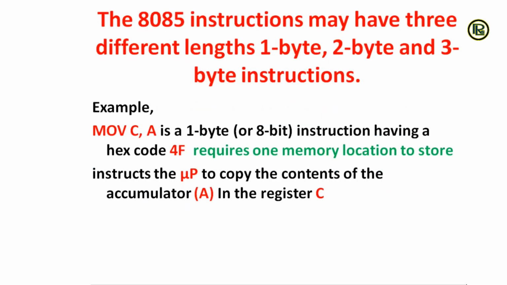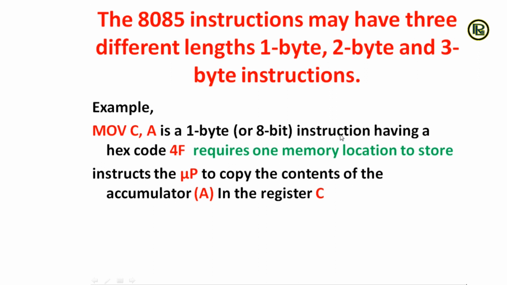And the Intel 8085 microprocessor instructions may have three different lengths. The lengths may be of 1 byte or maybe 2 byte or 3 byte instructions. As an example, this MOV C, A is an instruction.